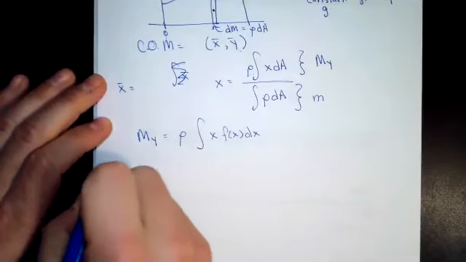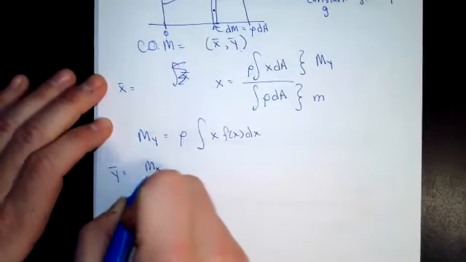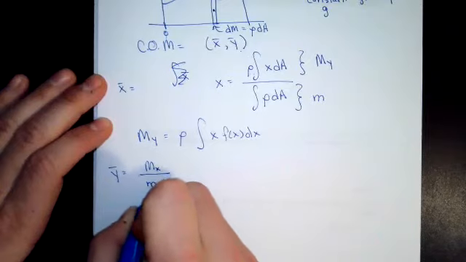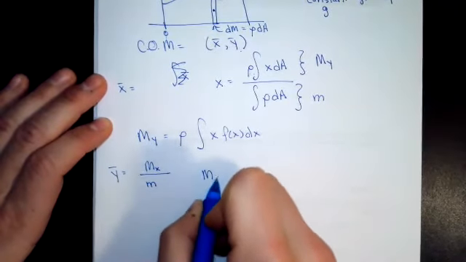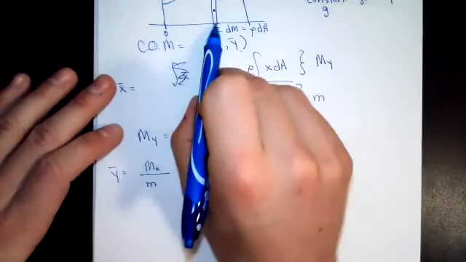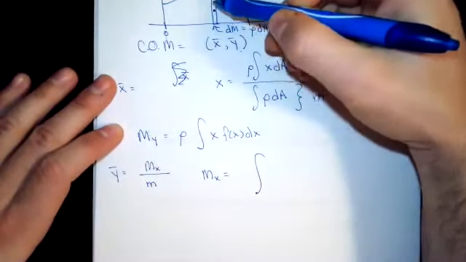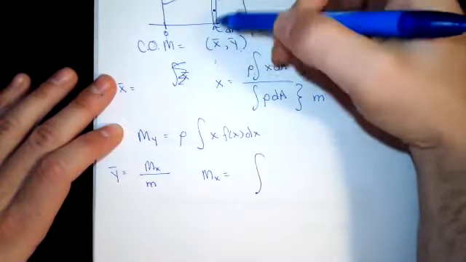Likewise, our y bar is going to be the moment about the x-axis divided by the total mass, where the moment about the x-axis, well, what is that? Now I want to know how hard it is to rotate each of these around the x-axis.